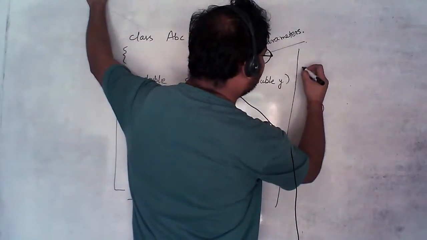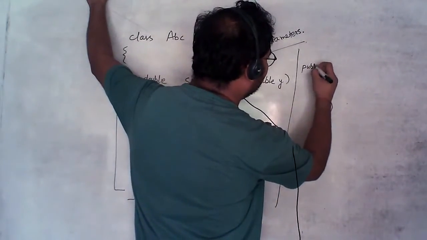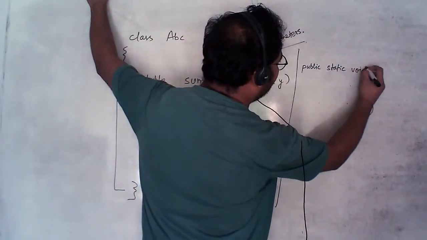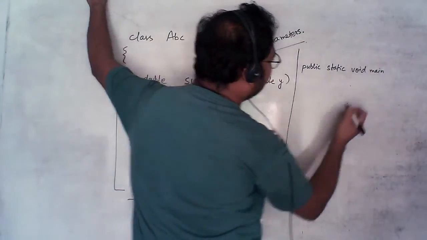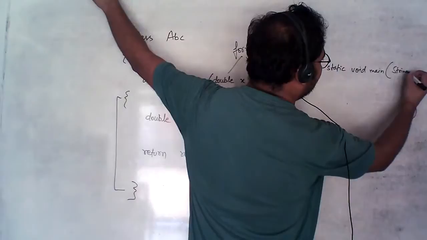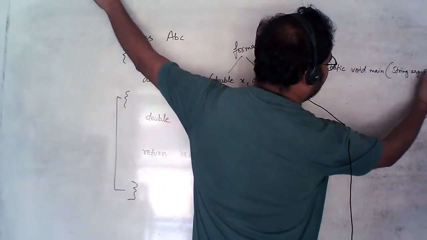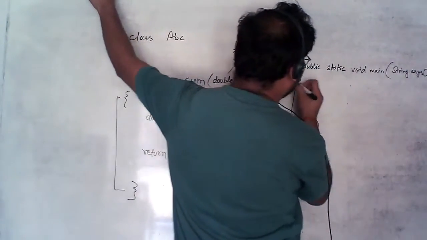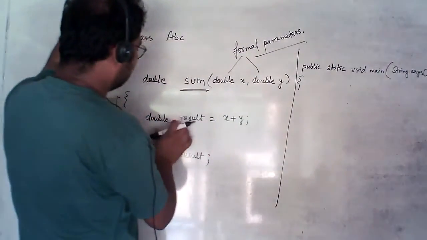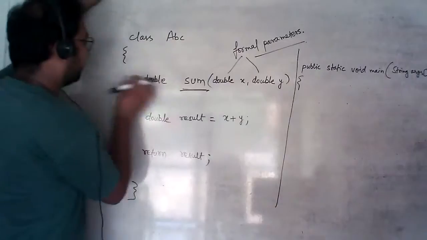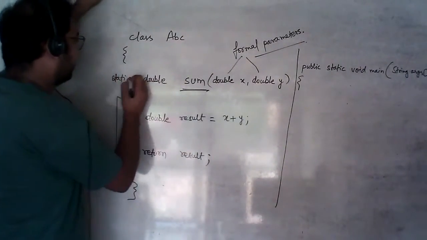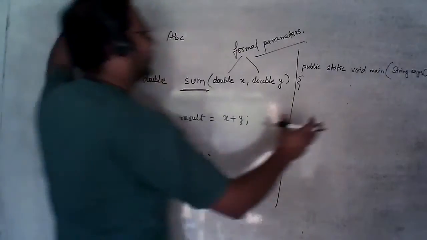Here I'm making a function public static void main, because execution will always start from main. Now I want to use this function, but it must be static, so I will not need to make the object of this class before using it.